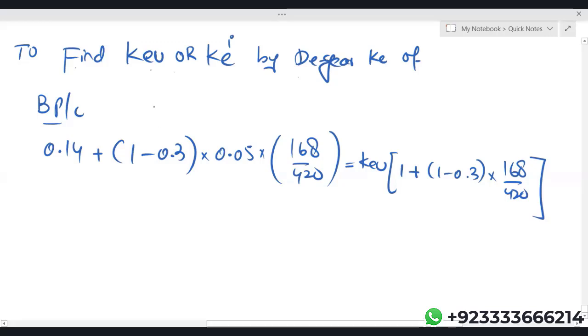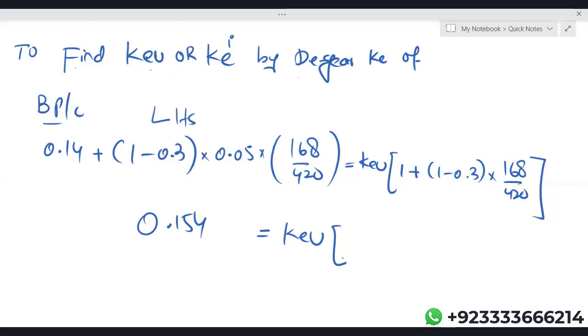Students, left hand side, I'm getting 0.154. Please check, yes or no. 168 divided by 420 into 0.7 plus 1, here I'm getting 1.28.